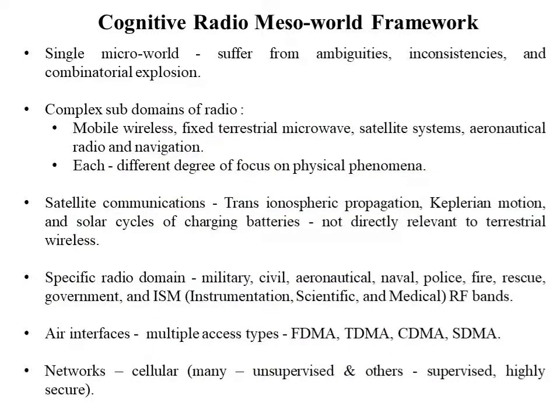A single micro-world for all of the wireless needs would suffer from ambiguities, inconsistencies, and combinatorial explosion. Mobile wireless, fixed terrestrial microwave, satellite systems, aeronautical radio and navigation, each of these are complex subdomains of radio. Each has a different degree of focus on physical phenomena.